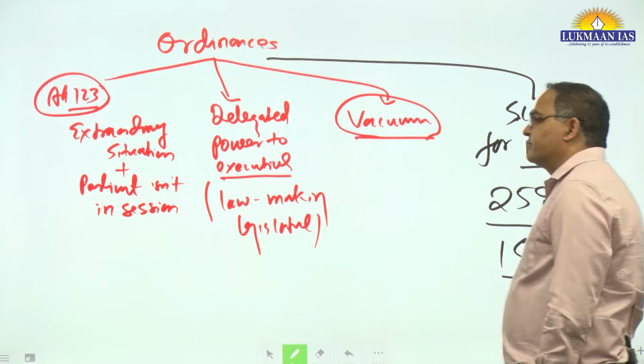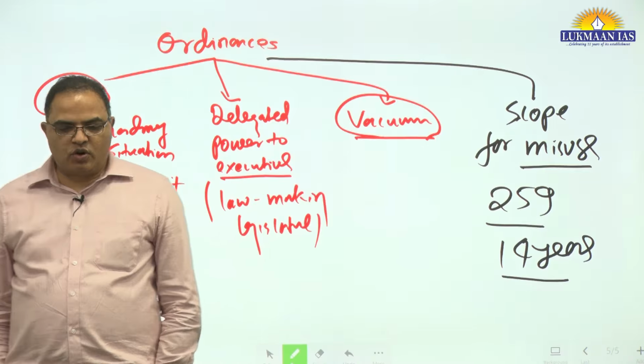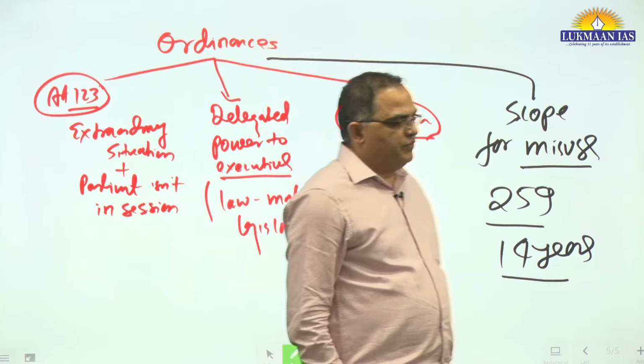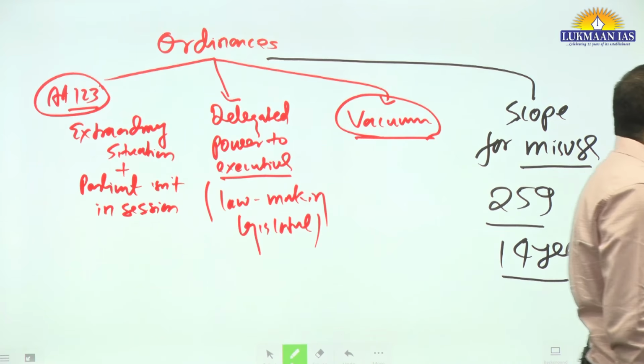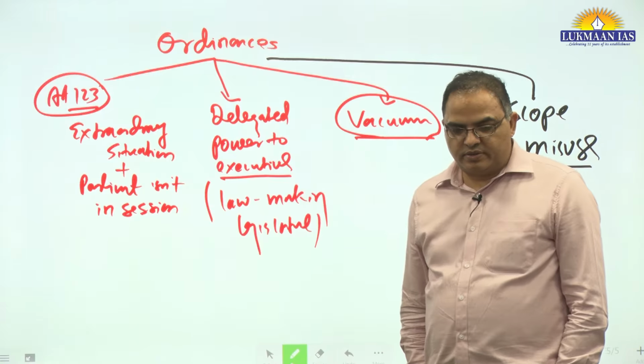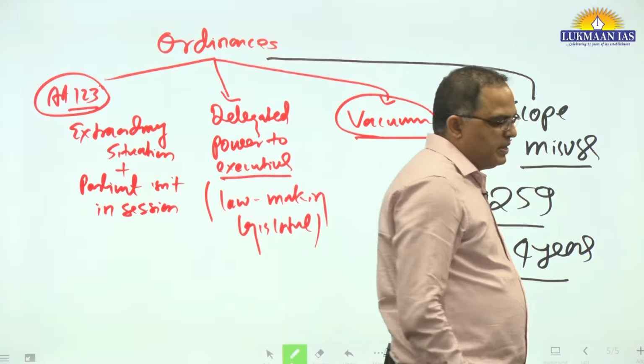Since independence, it has gone through various phases, largely drawn as four phases, based on the PRS report.